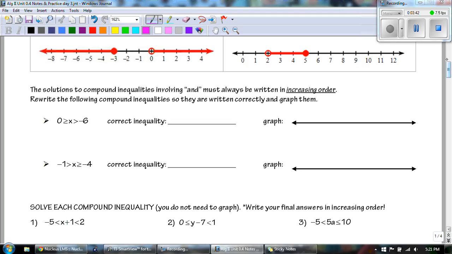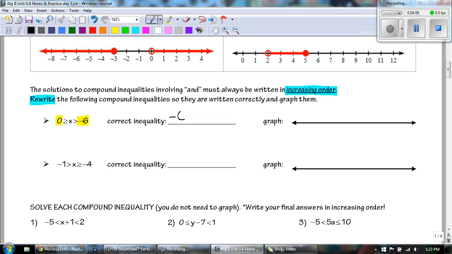So the solutions to compound inequalities involving and must always be written in increasing order. So if they're out of order, we have to rewrite them so that they are written correctly and graph. So I always want to see, are they in order from least to greatest? And they're not.